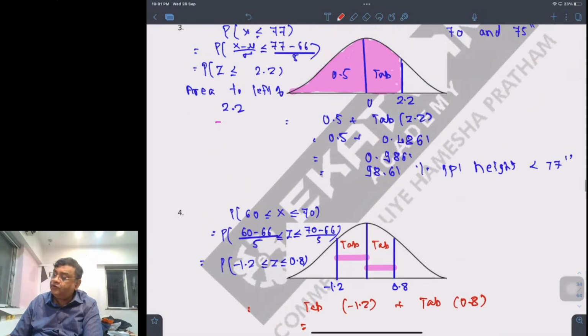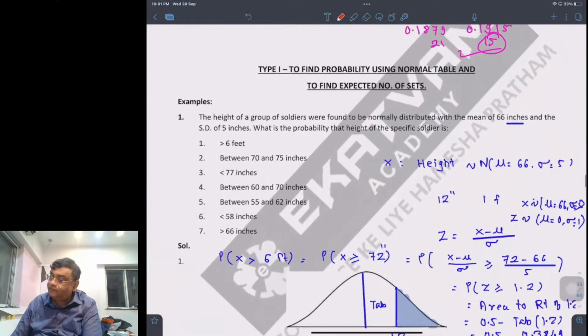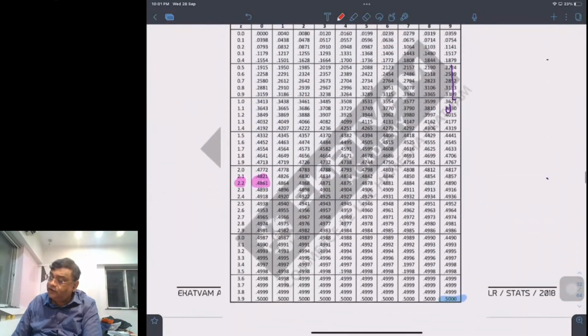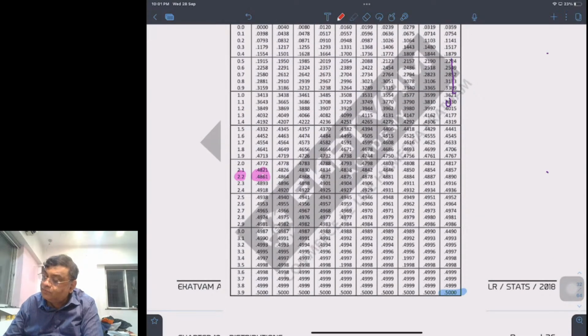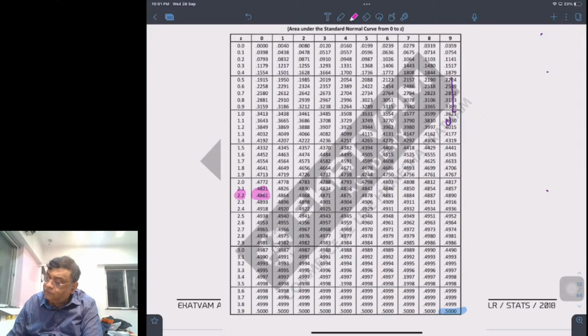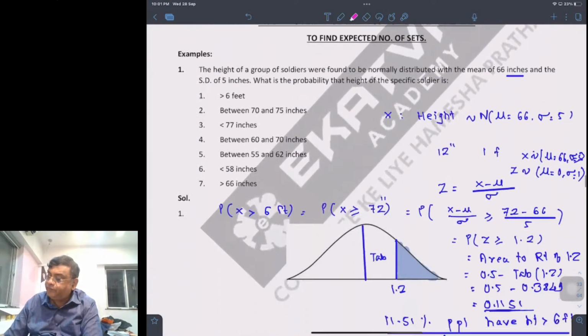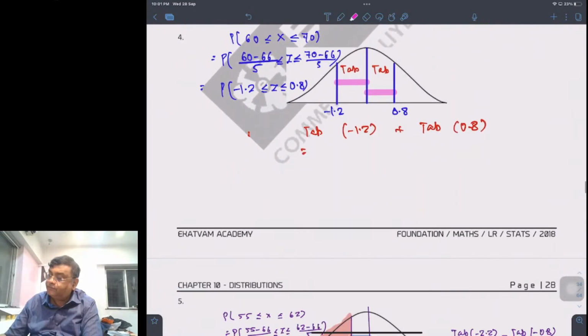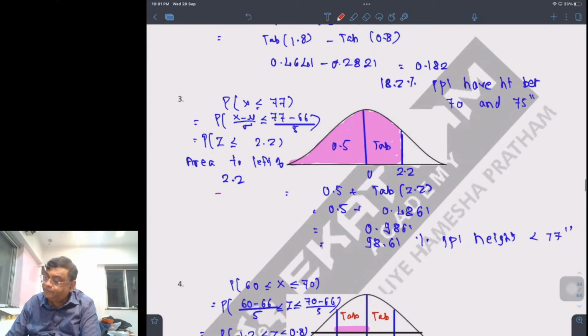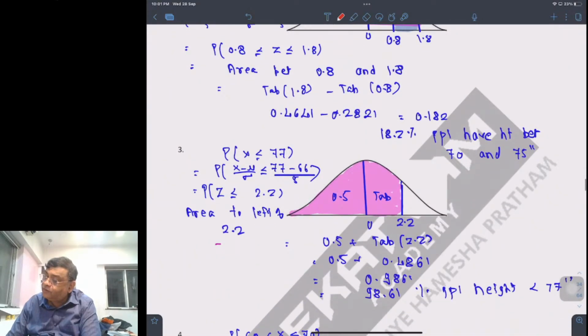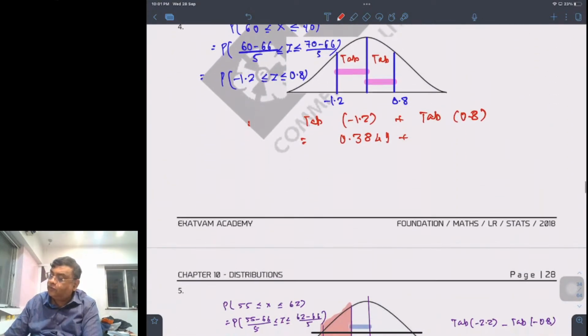Now what is the table value for 1.2? For 1.2, the table value is 0.3849. So this is 0.3849, and that plus the table value for 0.8, which is 0.2821.